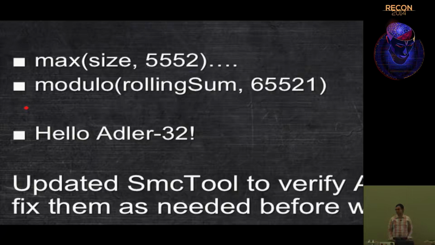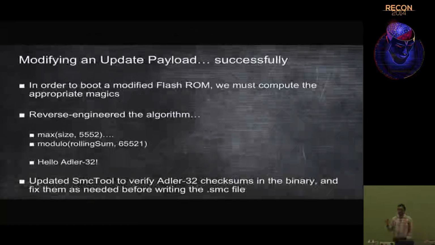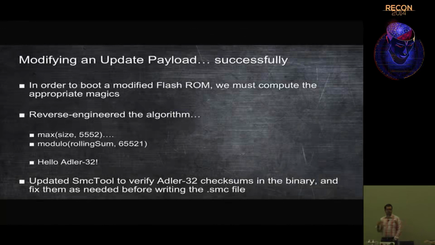So it was basically just Adler32. Simple enough to compute that, and basically updated my tool to take a binary file from IDA, compute the correct Adler32 sums for the regions, write the correct Adler32 sums in the SMC file, compute the sums for the SMC file, and flash the payload successfully.